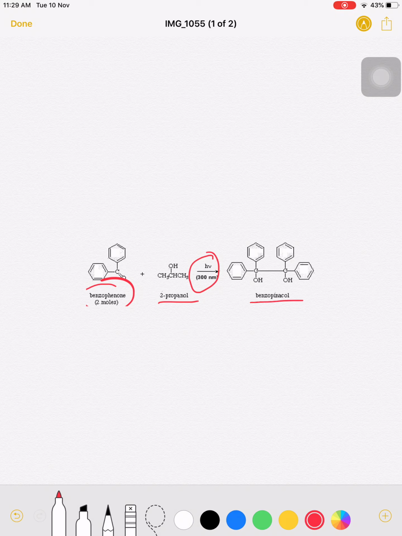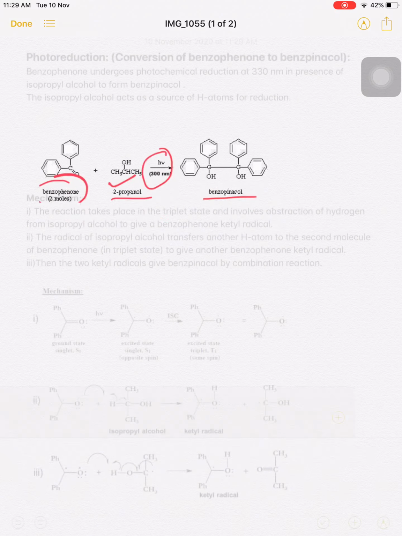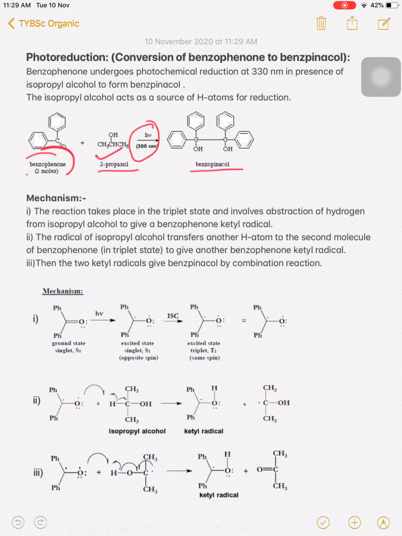We will discuss the role of isopropyl alcohol in this reaction. See the mechanism point. The reaction takes place in the triplet state and involves abstraction of hydrogen from isopropyl alcohol to give a benzophenone ketyl radical.